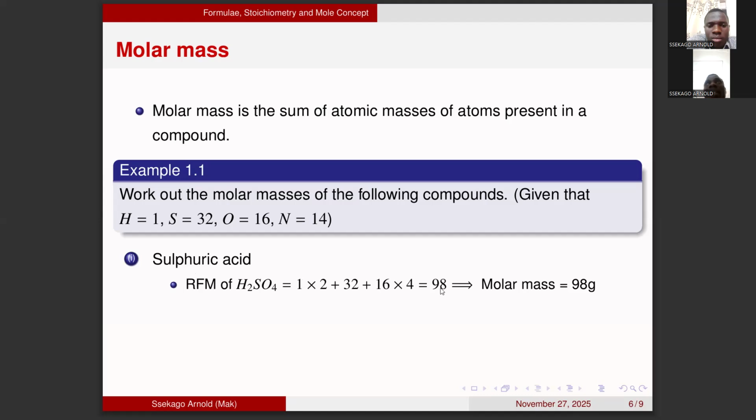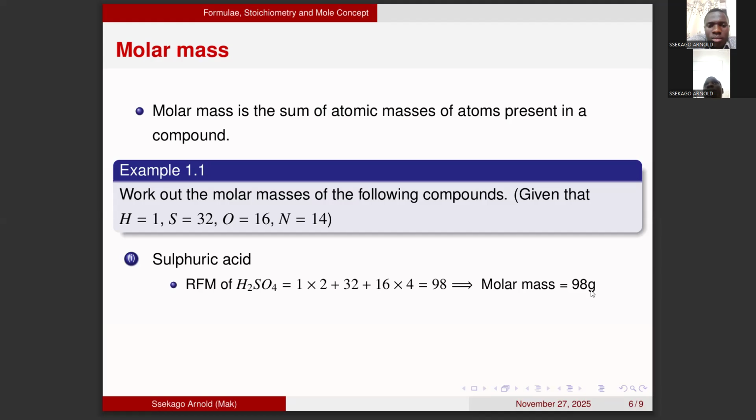Relative formula mass is a ratio. It is measured with respect to the mass of the carbon-12 isotope. Since it is a ratio, it has no units in simple terms, so the RFM of anything has no units. However, the molar mass or formula mass of sulfuric acid is 98 grams.